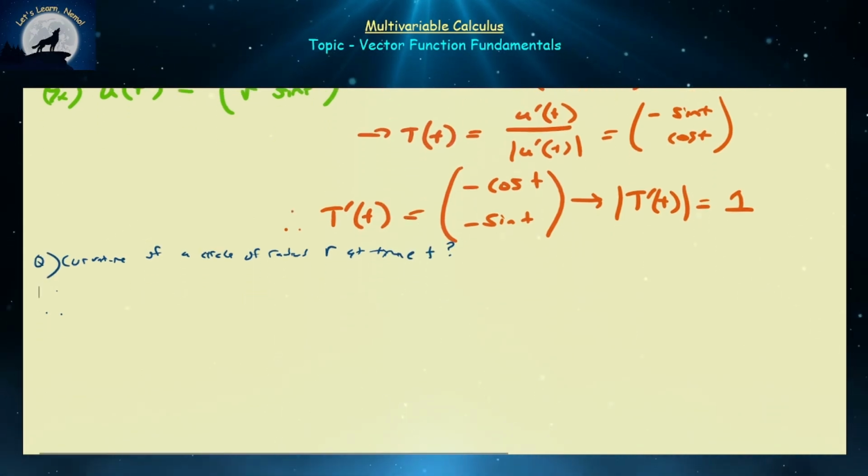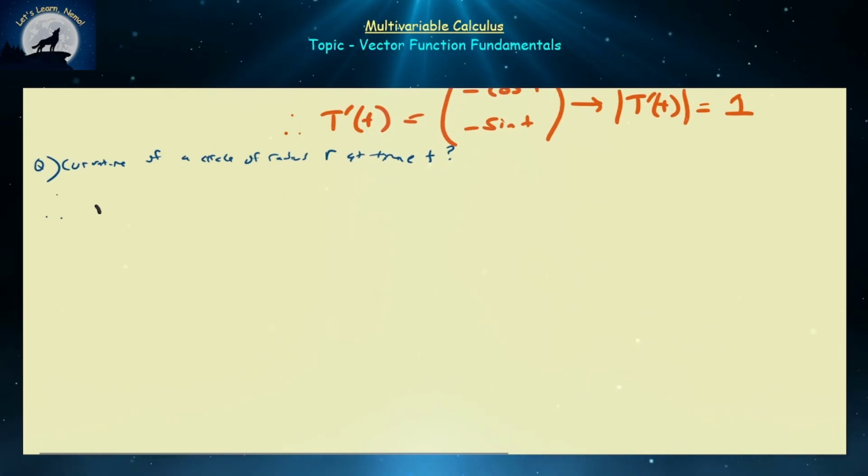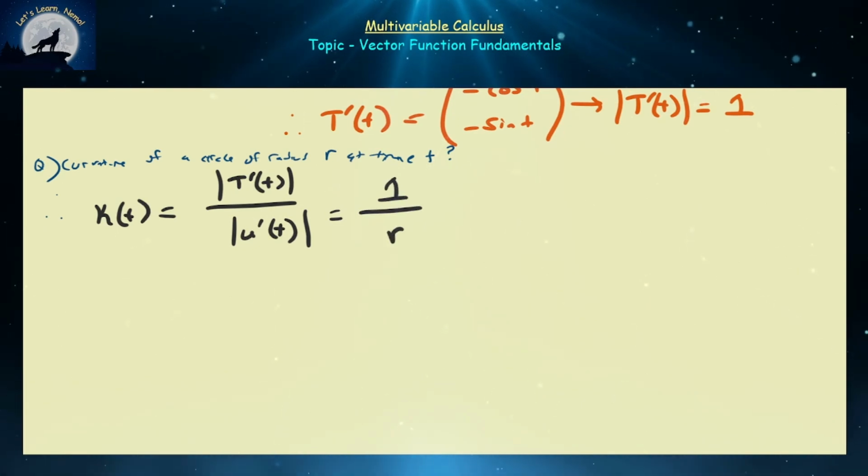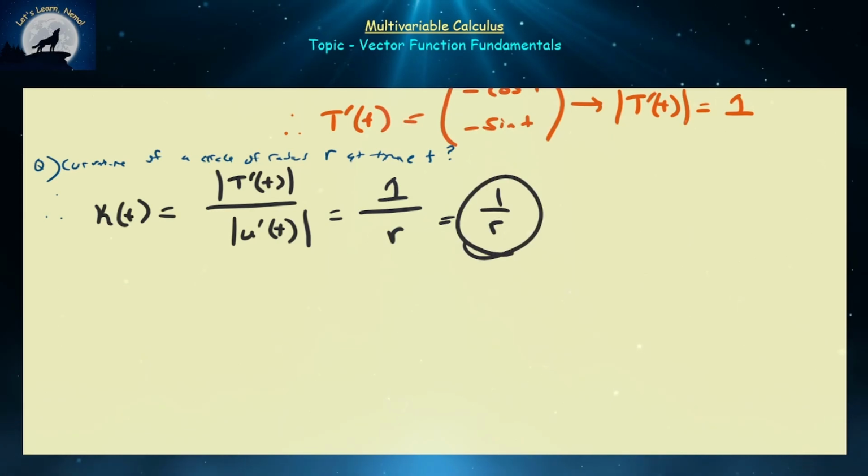We have all of the components, so the curvature at any time t is the absolute value of t prime of t divided by the absolute value of u prime of t. The absolute value of t prime of t came out to be equal to 1, and the absolute value of u prime of t came out to be equal to r. So we have 1 over r. So what does this mean?